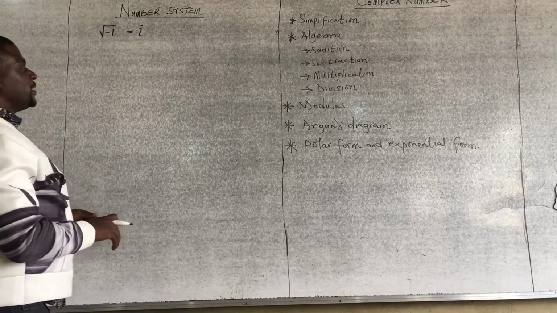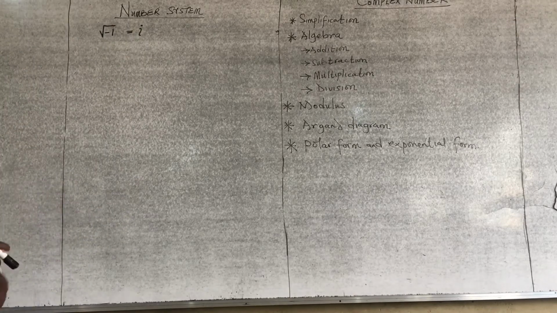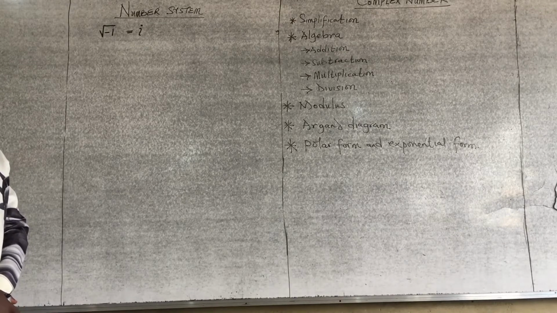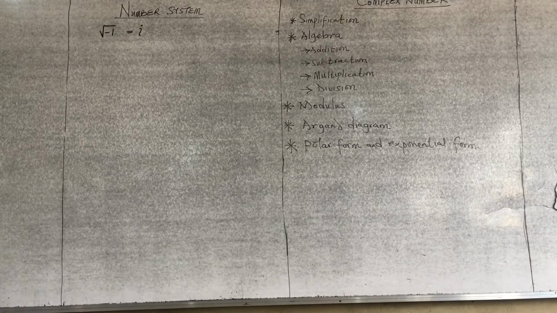You can represent it by i. So i is always representing square root of -1. So square root of a negative number is always a complex number. You can't solve it the normal mathematical way.